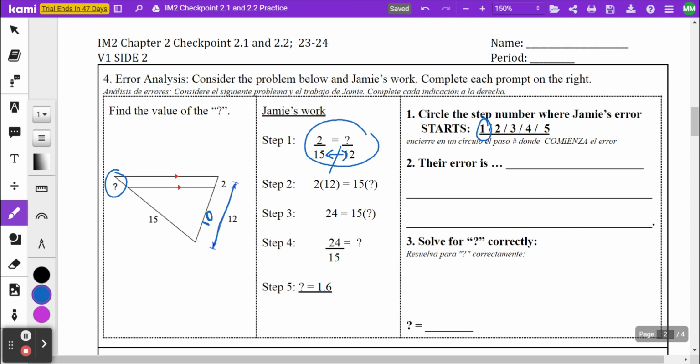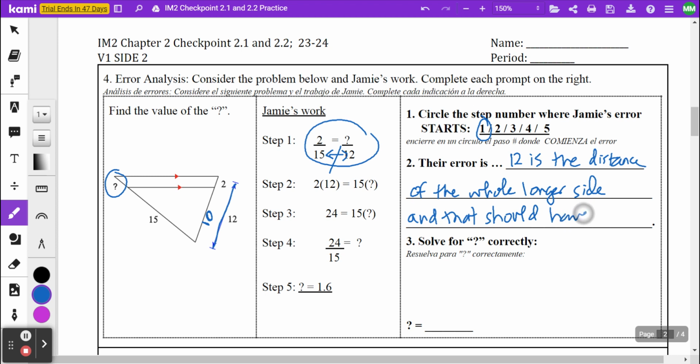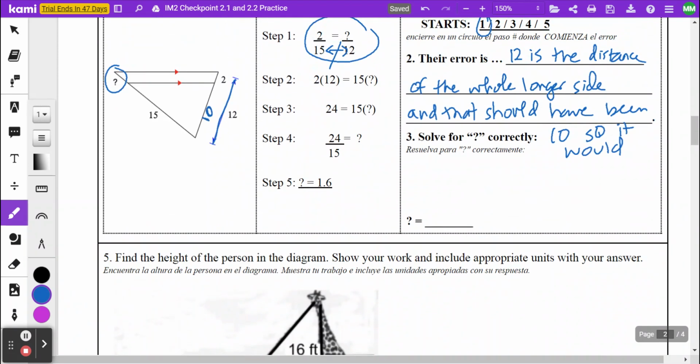You should set up your proportions using corresponding parts. So the error is 12 is the distance of the whole longer side, and that should have been 10, so it would correspond with 15.